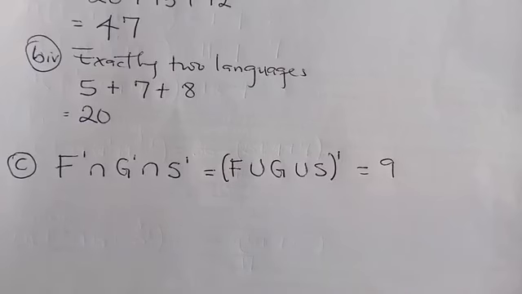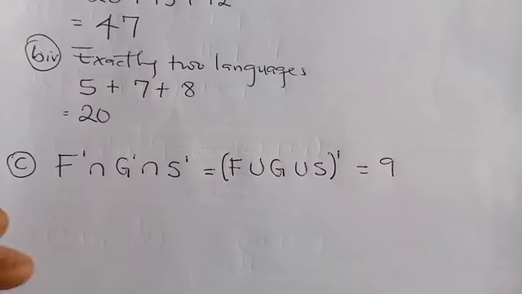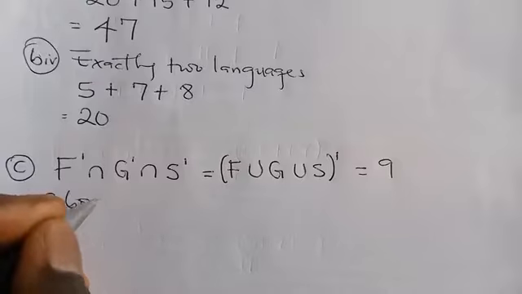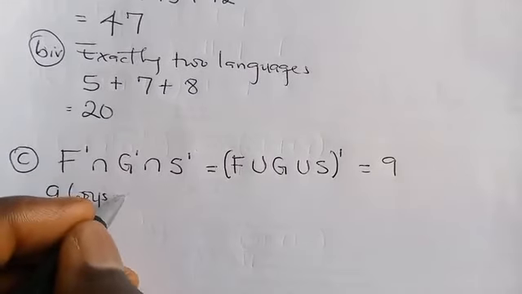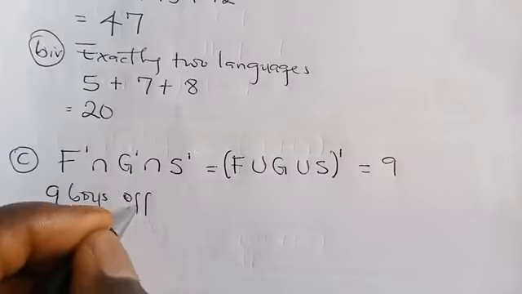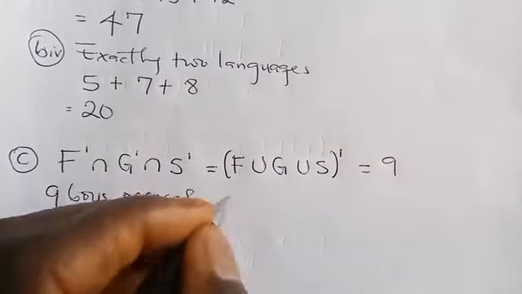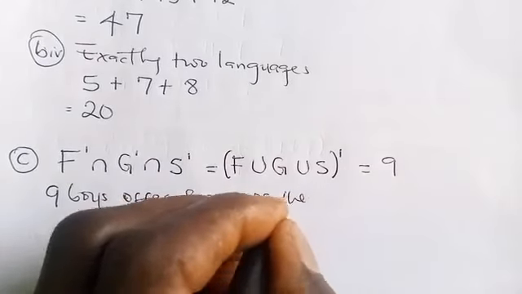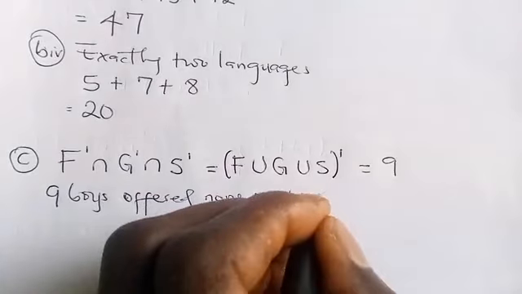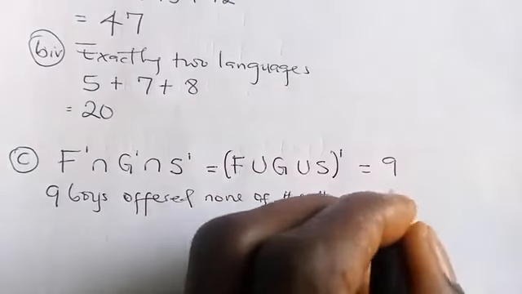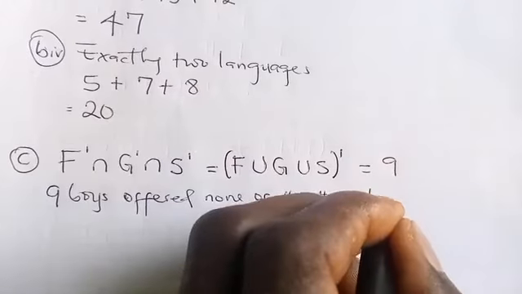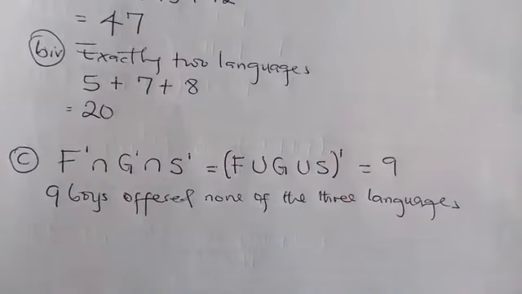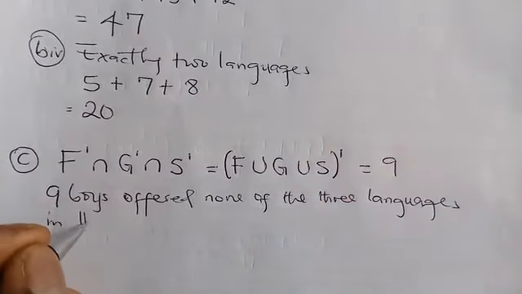So the interpretation of this is that 9 boys offered none of the three subjects or languages as it was stated in the question, none of the 3 languages in that examination.